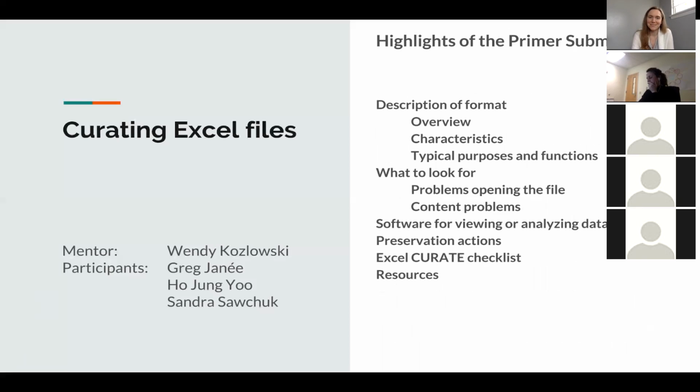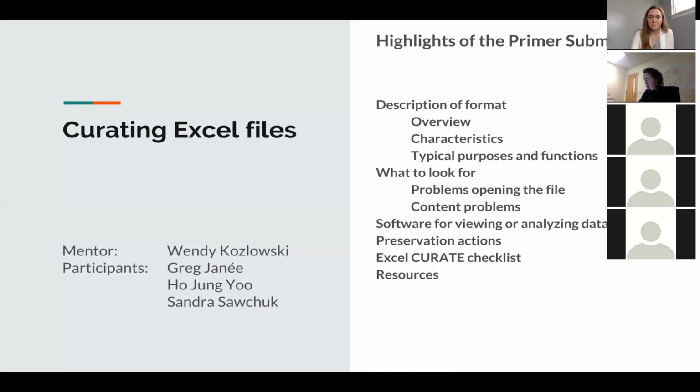Okay. So this is just a breakdown of our table of contents for the primer itself. So we spent, as you can see, the bulk of the primer discussing both the format itself and what it does, as well as what to look for. And there are connections between problems opening the file and content problems that really mirror and describe some of the typical purpose and functions of Excel.